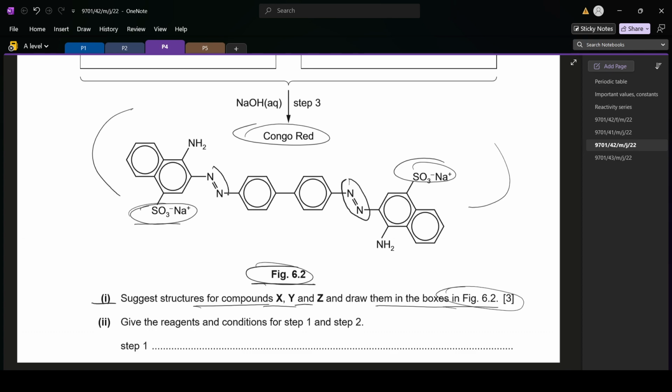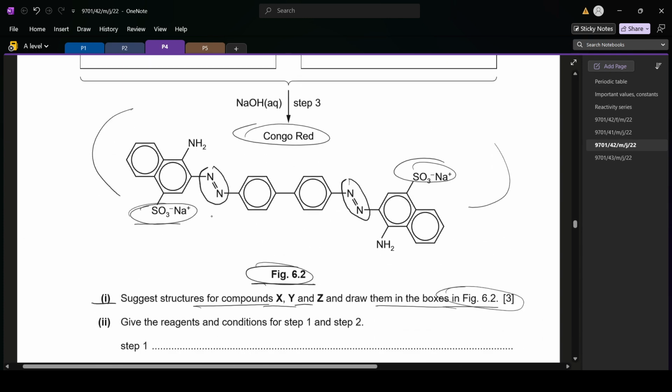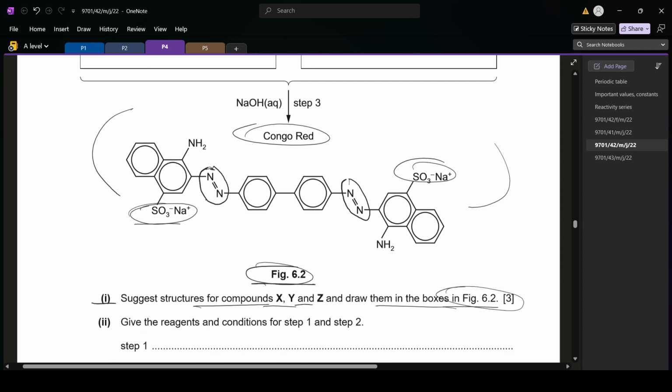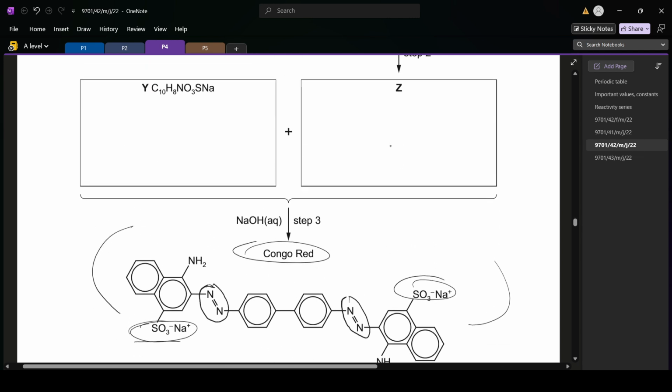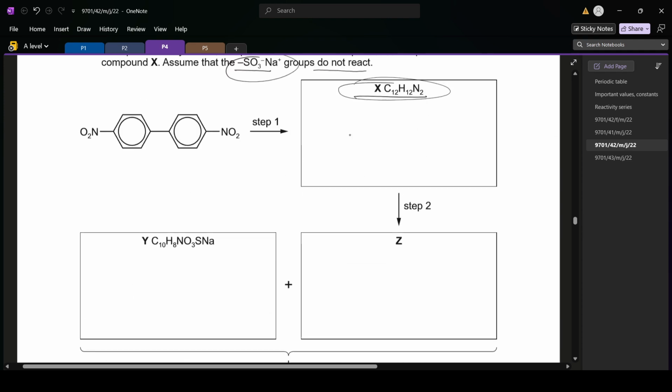You have to realize that this azo group is made from a diazonium ion, so there must be a diazonium ion in Y, Z or X.